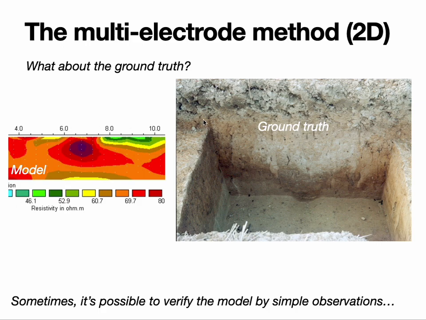So the hole was dug there, and there was indeed a cylindrical anomaly from an ancient construction. So there was really one anomaly and not two. So sometimes it's possible to verify the model by making a simple observation.